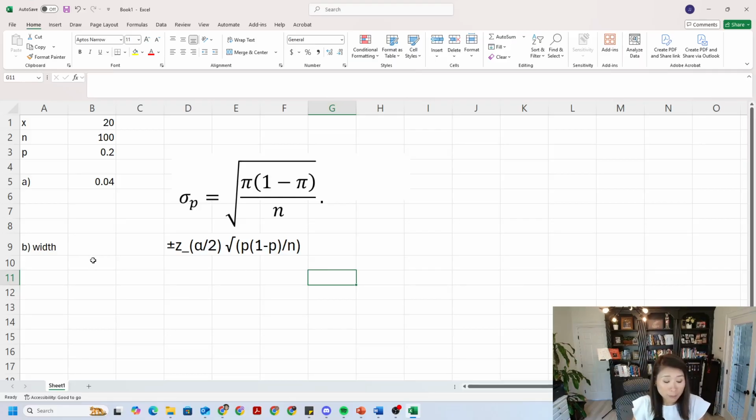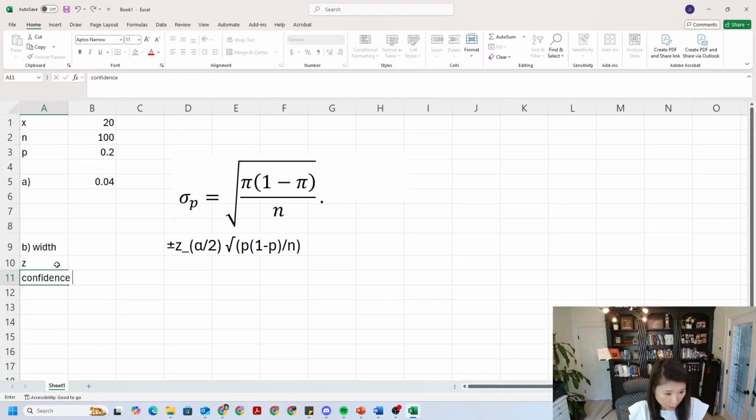First of all, let's figure out our z statistic. Based on part 1's learning, we already learned how to get the z statistic. For the z statistic, we need to figure out the probability. In order to figure out the probability, we need to know our confidence level and confidence coefficient.